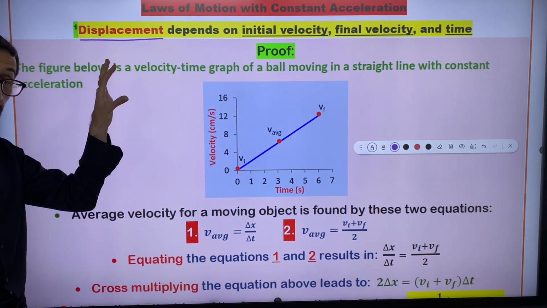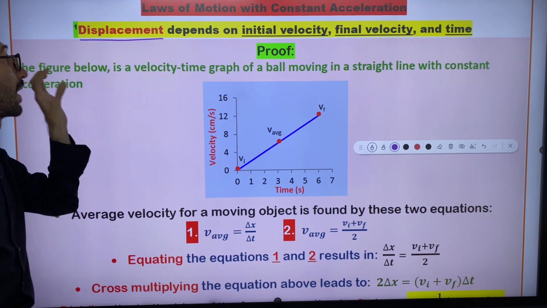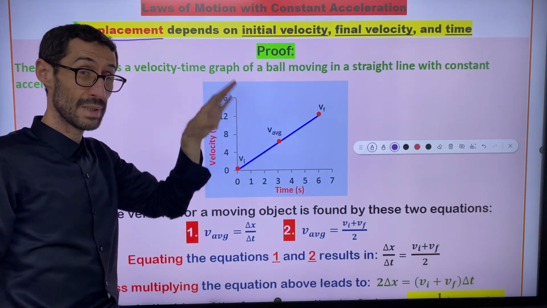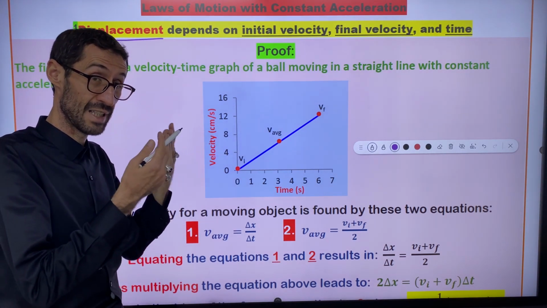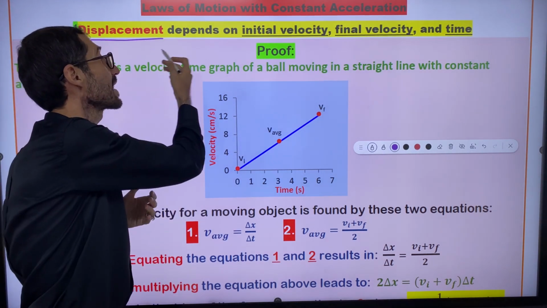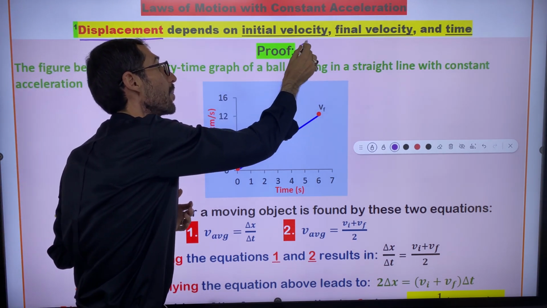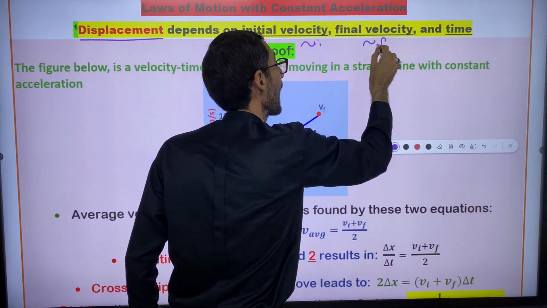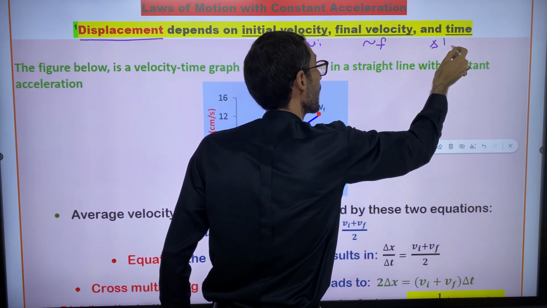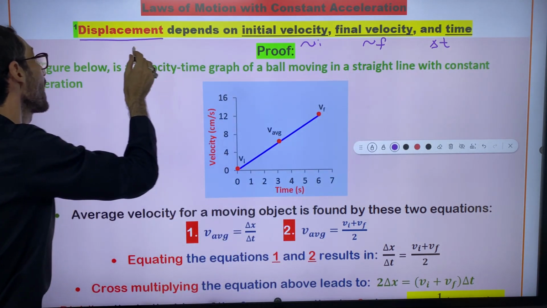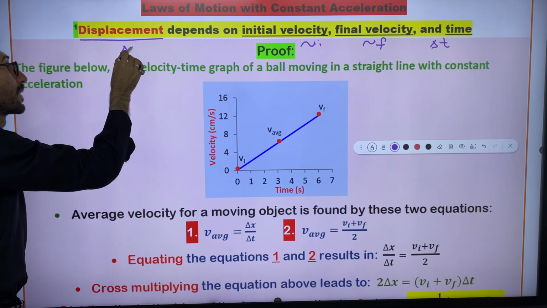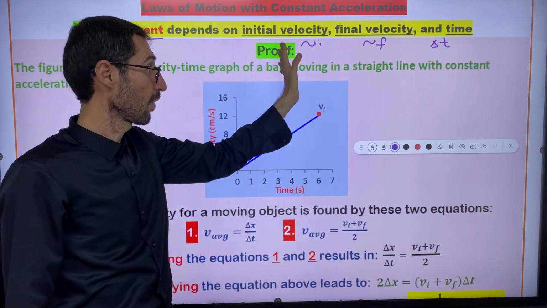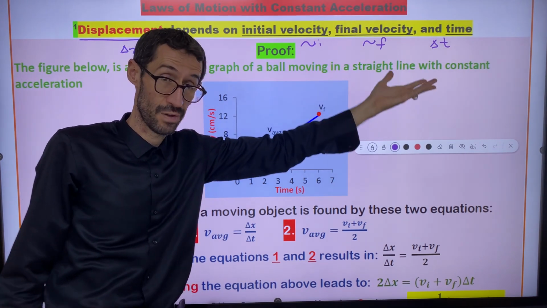It starts with displacement, and this displacement depends on initial velocity, final velocity, and time interval. So our formula of displacement should include these factors: initial velocity, final velocity, and time interval.